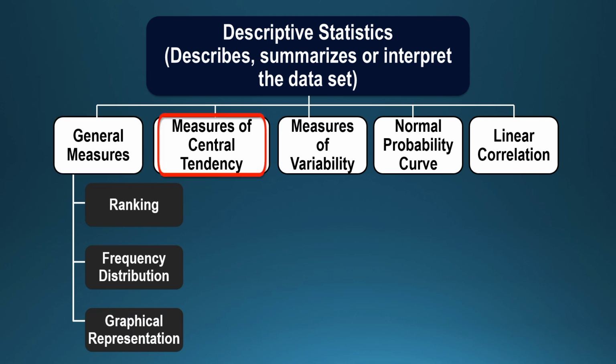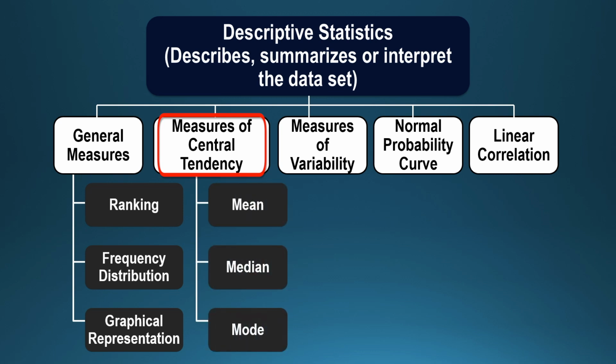Measures of central tendency refer to all those measures which are concerned with calculating the average or the typical performance of the sample selected for this study, and these include mean, median, and mode.